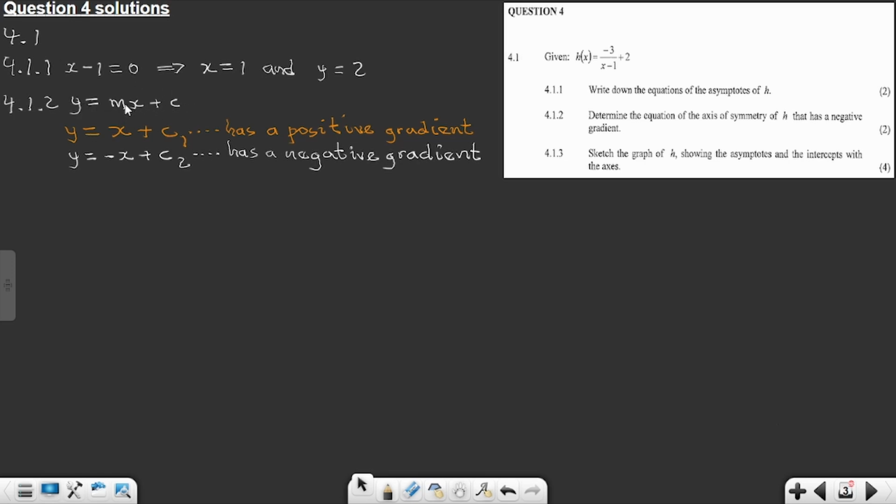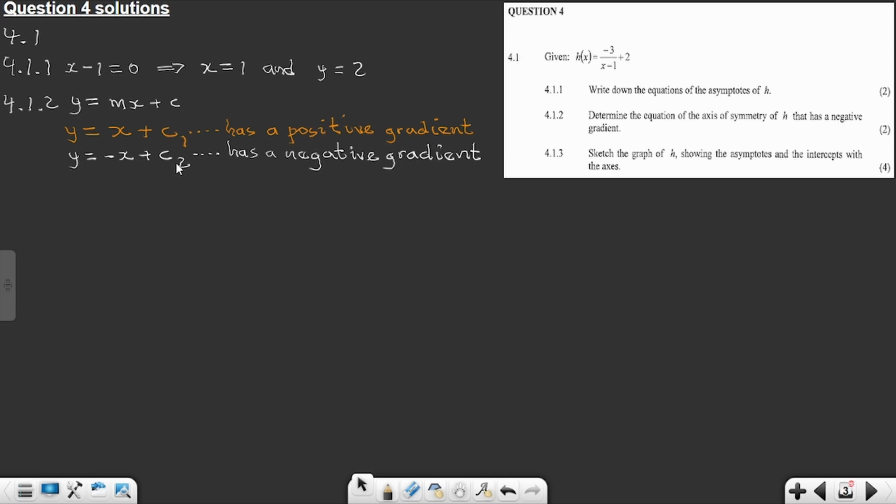So m is always equal to +1 or -1 for the axis of symmetry of a hyperbola. We are going to use this one because the question is asking us to determine the equation of the axis of symmetry of h that has a negative gradient. Now you are going to determine c.